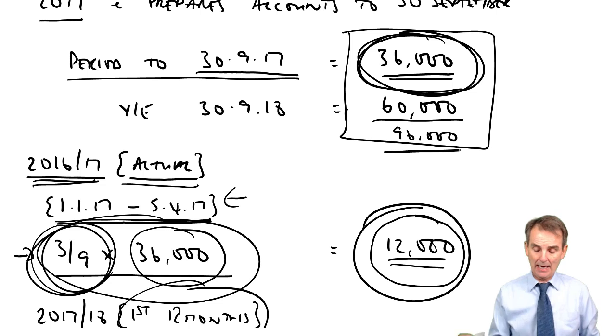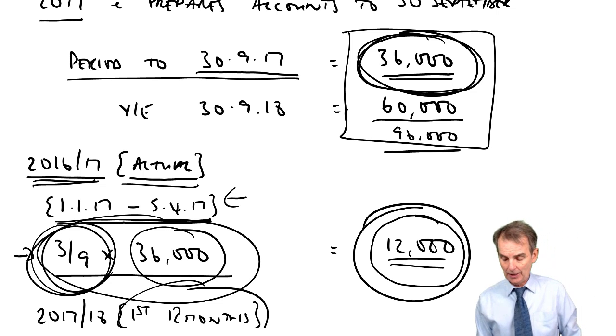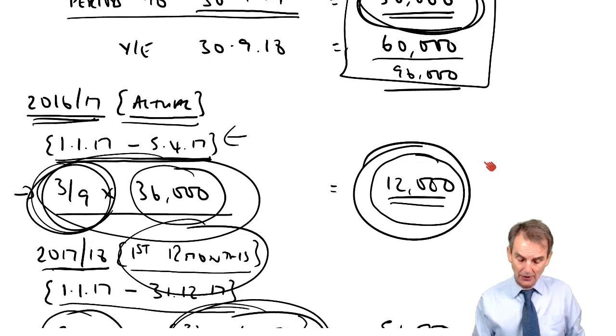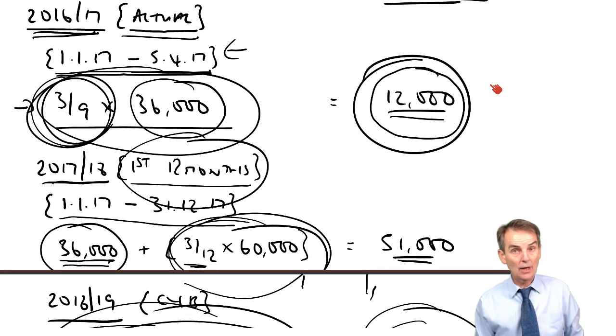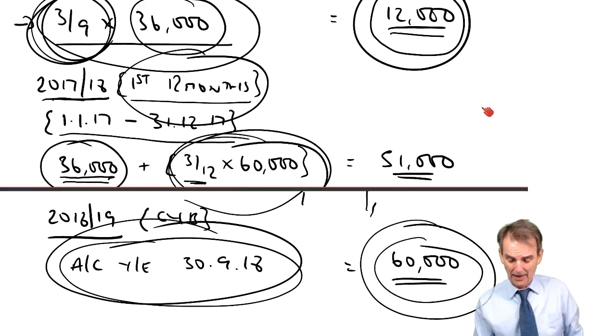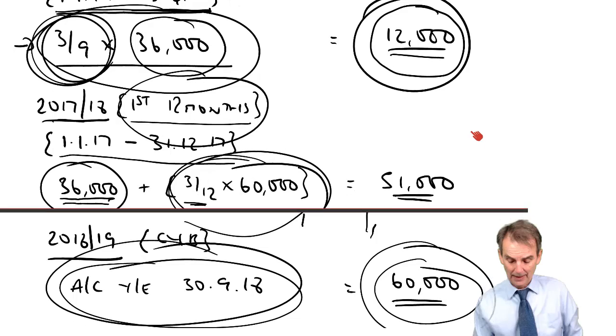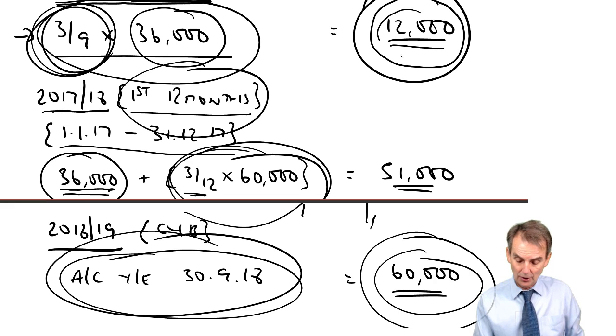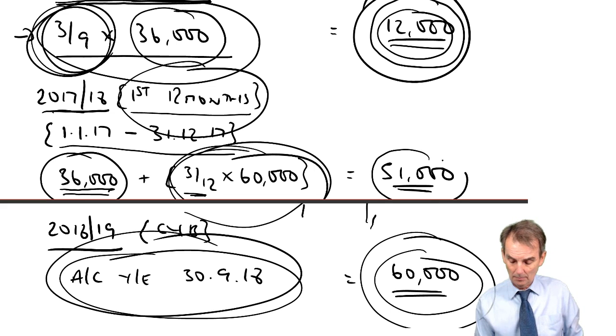So we actually made in the first two periods £96,000 worth of profit. Those profits have then been used to determine the assessments in the first tax year, 16-17, the second and then third tax years. In those periods, what amounts have been assessed? We've assessed 12,000 plus 51,000 is 63,000.